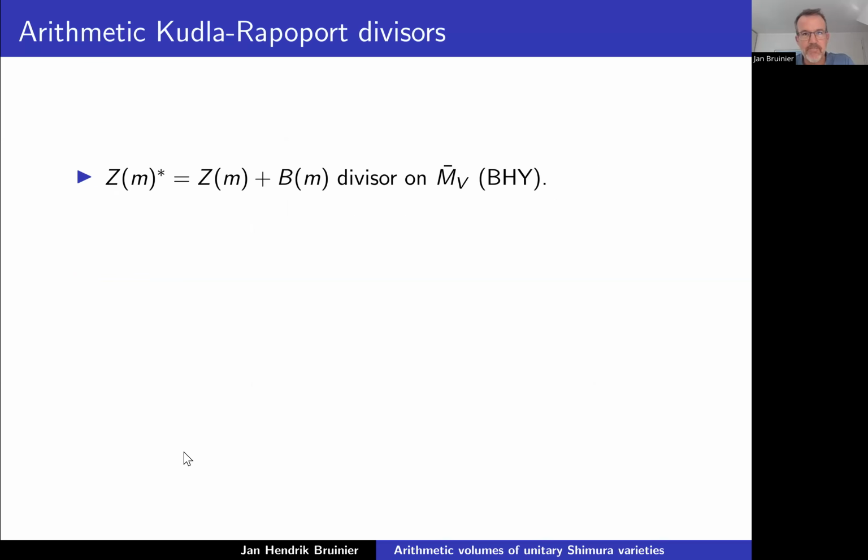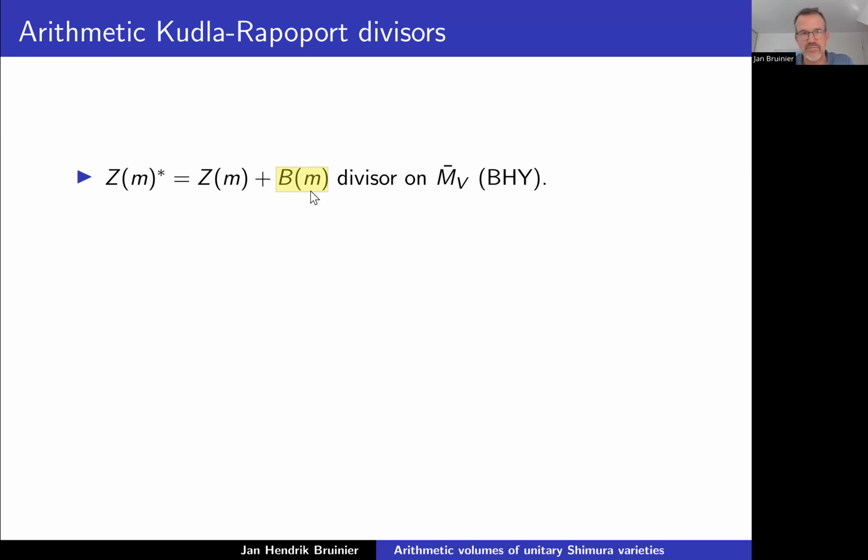Okay, and now what's this arithmetic analog of the Hirzebruch-Zagier theorem? In order to formulate it, one has to do a little technical things. So first of all, we want to do everything on the canonical toroidal compactification. So we have to complete our Kudla-Rappaport divisor by some boundary divisors, B_m. Okay, but this is just a technical thing.